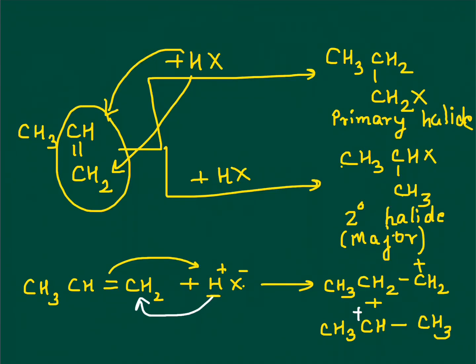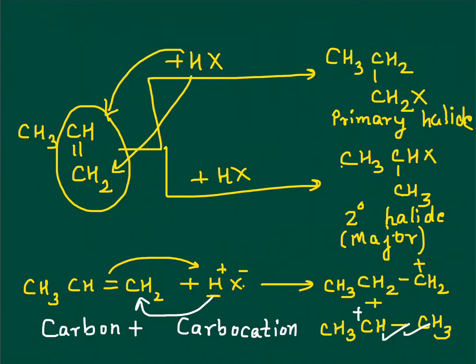What type of intermediate species are these? Carbon having a positive charge, carbocation, right? And what is the stability of carbocation? We have already discussed this in intermediates. Yes, it is the secondary carbocation which is more stable compared to the primary. With the result, what will happen over here?